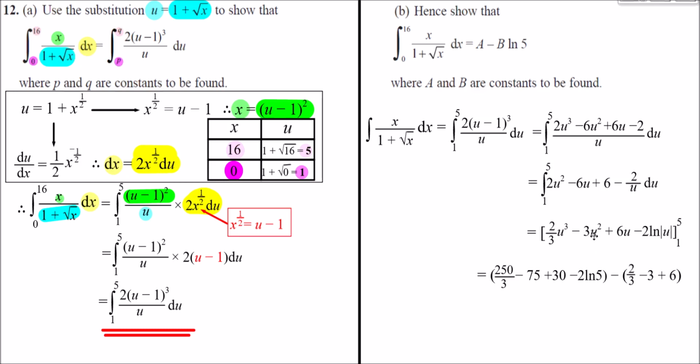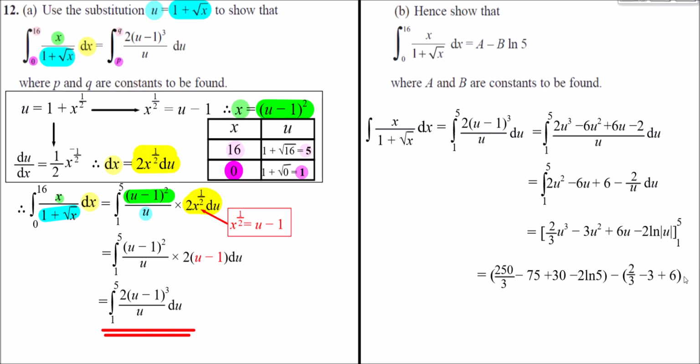Minus 3u squared is just minus 3, because u squared is just 1, because 1 squared is 1, of course. And 6u means 6 times 1, which is 6. Now, I don't need to put minus 2 ln of 1, because log of 1 to any base will always be 0. So if I wanted to, I could have typed in minus 2 ln of 1, but it wouldn't have changed anything at all.